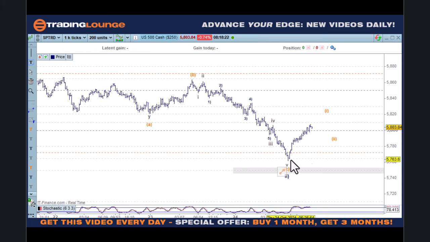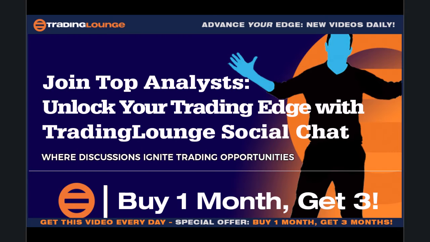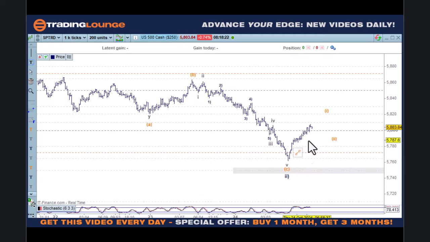So this next move up here would be a little wave 1 and 2 in here, a little wave 3 to go up here, a little wave 4 and a 5 here. This is really what we need to see. We'll take a closer look at this particular pattern on the NASDAQ, okay?